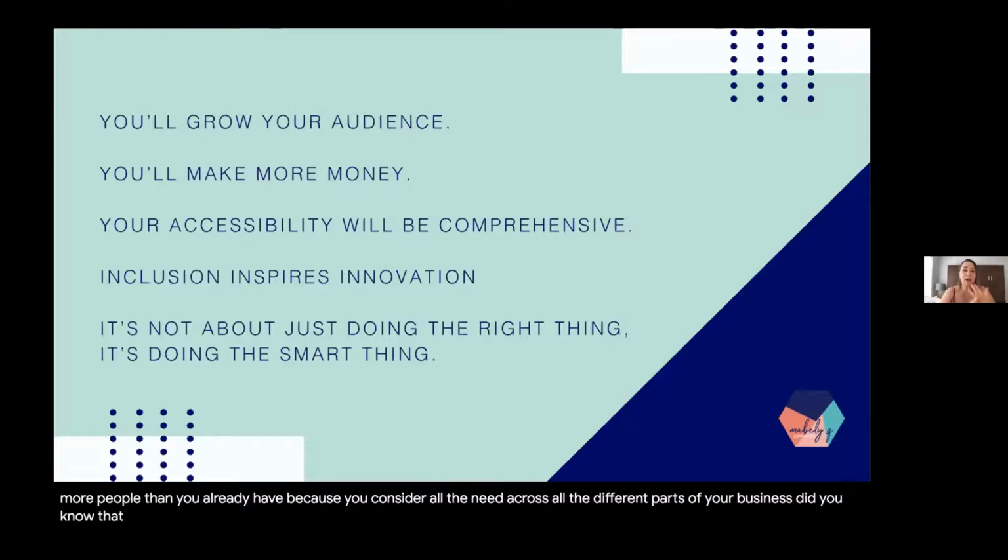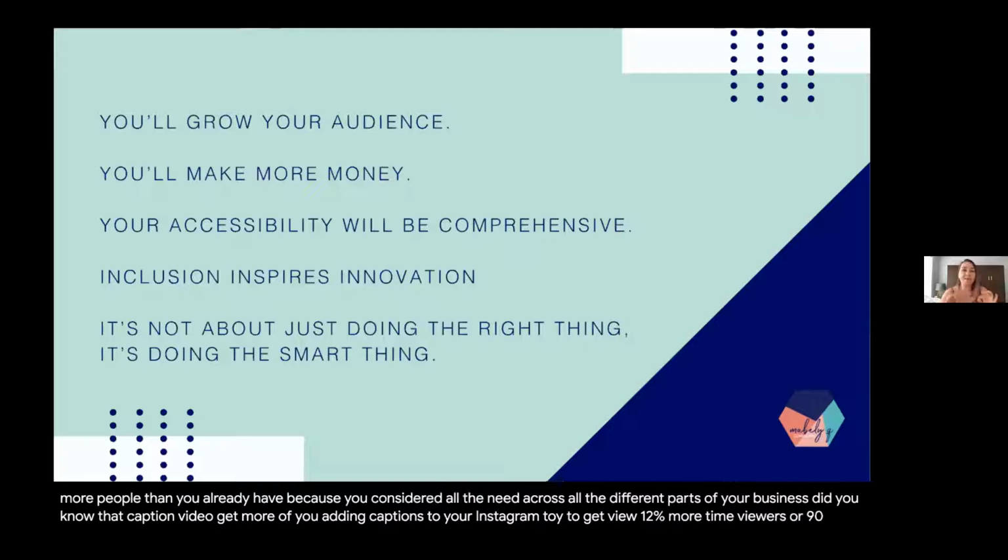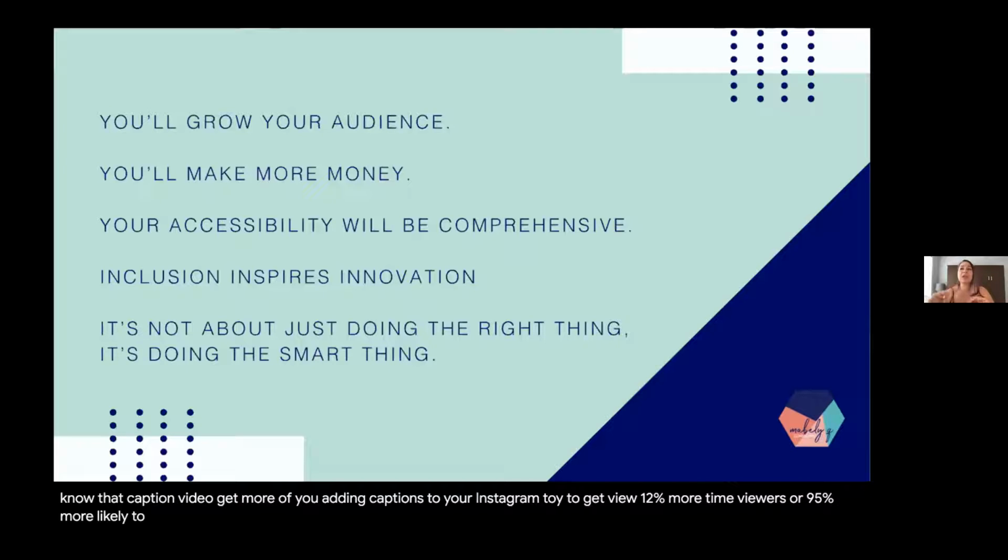Did you know that captioned videos get more views? Adding captions to your Instagram story gets viewed 12% more times. Viewers are 95% more likely to retain a message when they watch it in video compared to 10% when they read a message.